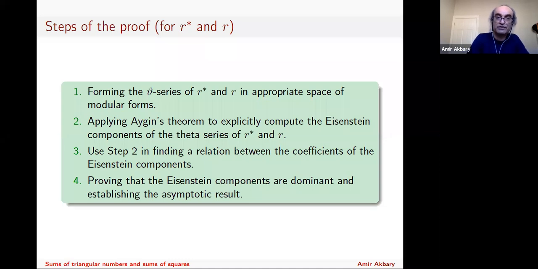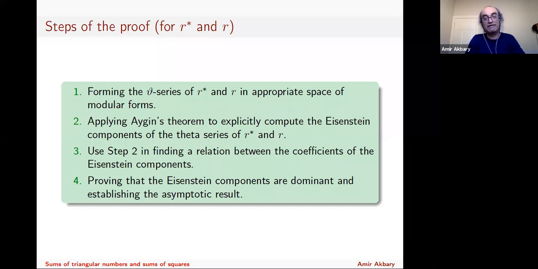First, we have to write the problem in terms of the theta series. So we have to form R star and R corresponding to theta series and locate this in the appropriate space of modular forms. Then we have to use Eigen's theorem to explicitly compute the Eisenstein component of this theta series R star and R. Then we have to use the relation that we find to find a relation between the coefficients of the Eisenstein components in step 2.